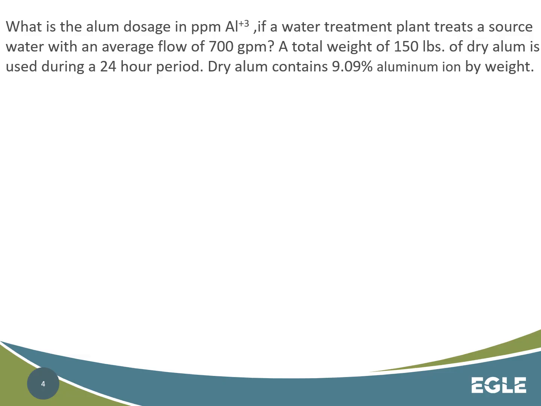We're going to be overall finding the concentration, or the ppm, of aluminum ion. And in the problem statement, we're given how many pounds of dry alum we are adding in a 24-hour period, so we can then know how many pounds of pure aluminum ion we are adding. Let's walk through these steps together.